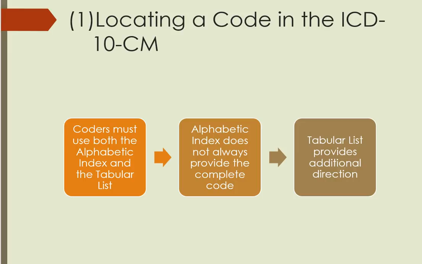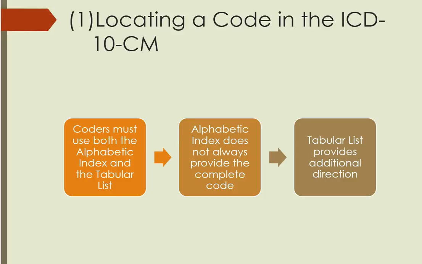For example, in the alphabetical index, you're not going to see all of those instructional notes that we spoke of in our first session. Remember, includes, excludes, code first, use additional code. All of those notations are not in the alphabetical index.